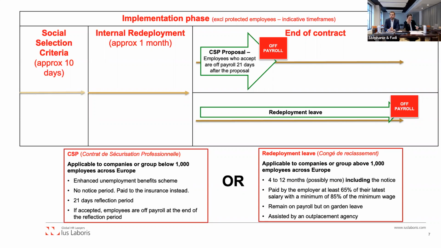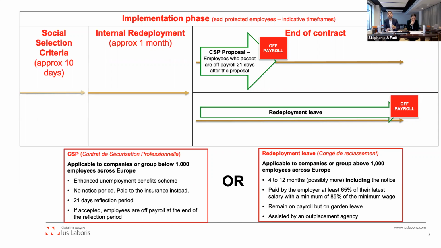The employees have a choice of accepting or refusing. They have to renounce their notice period. So the notice period is paid by the employer to the scheme directly. They don't get their notice at all. So it's not an extra cost for the company. It's the same cost, just two different modalities.